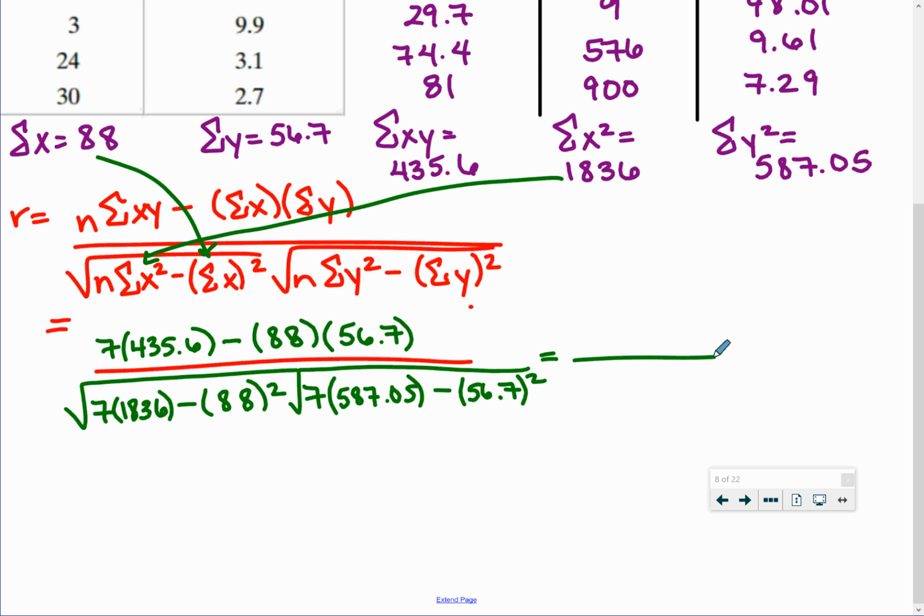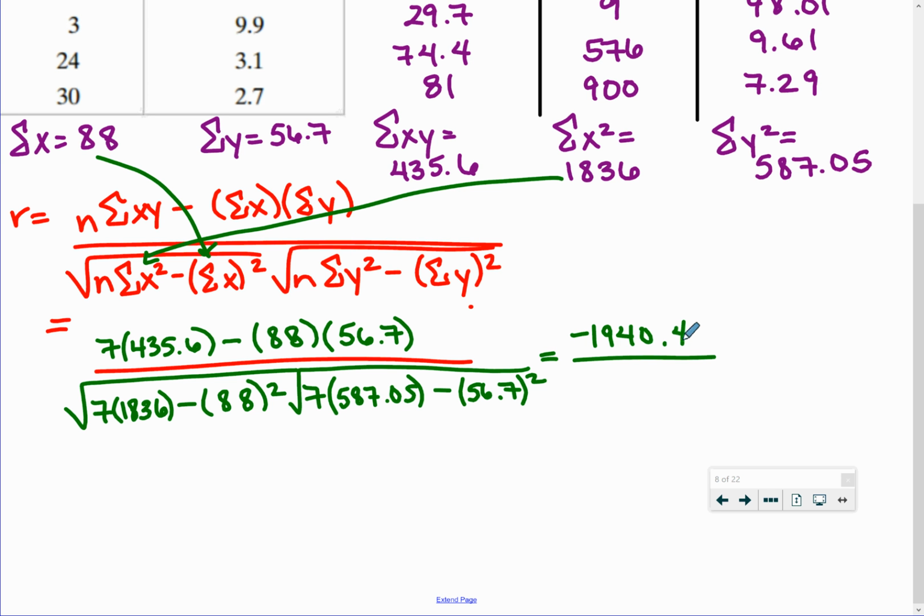Okay, and then you can type the numerator in, type the denominator in. That's probably what you would want to do with the basic red calculator. Simplify the numerator and denominator first, and then divide last. With the graphing calculator, you could type it in all at once. My numerator gives me negative 1,940.4. Denominator.